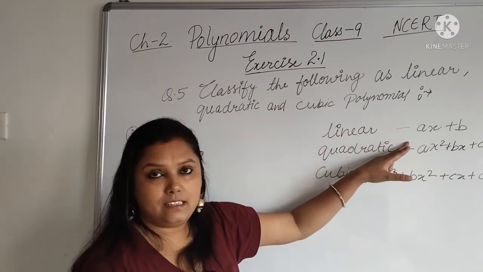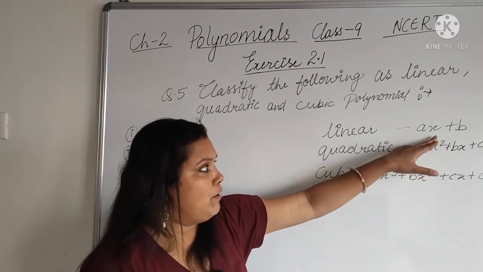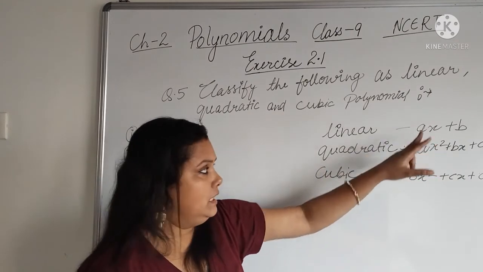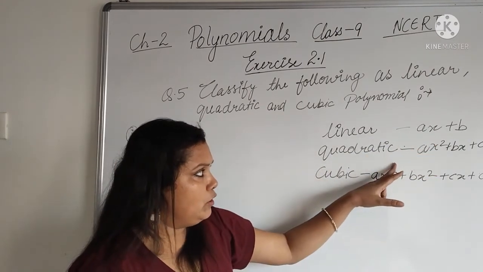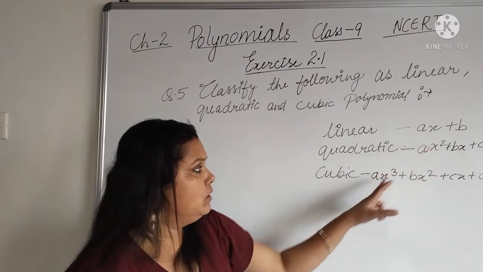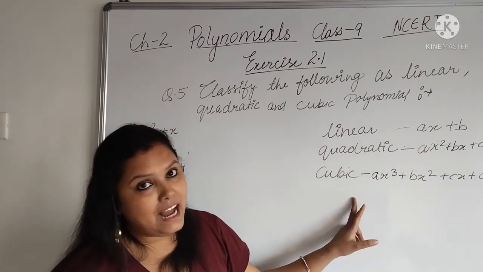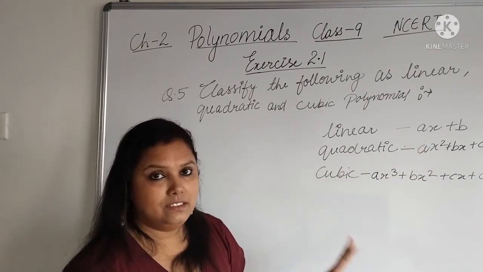Here in a linear polynomial, the power of the variable will be 1, in a quadratic polynomial the highest power will be 2, and in a cubic polynomial the highest power of the variable will be 3.